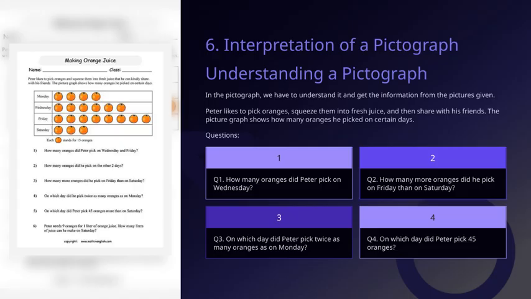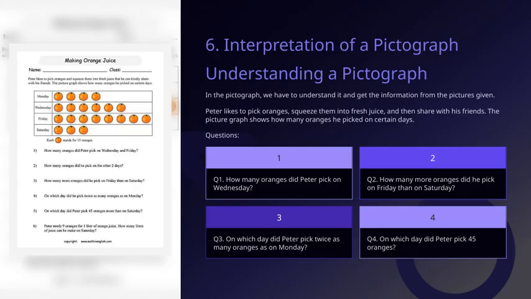Another question asks on which day Peter picked twice as many oranges as he did on Monday. So, we compare the pictures for Monday and the other days to find the right match. The third question is about how many more oranges he picked on Friday than on Saturday. Here, we compare the number of symbols for those 2 days to find the difference.